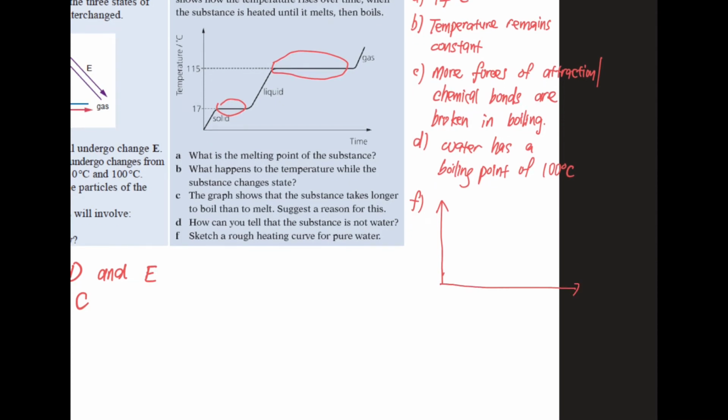For part F, of course you can just sketch a similar graph, something like the given graph, but you just need to change the temperature. Something like this, where this is 0, this is temperature in degrees Celsius, and this is 100.